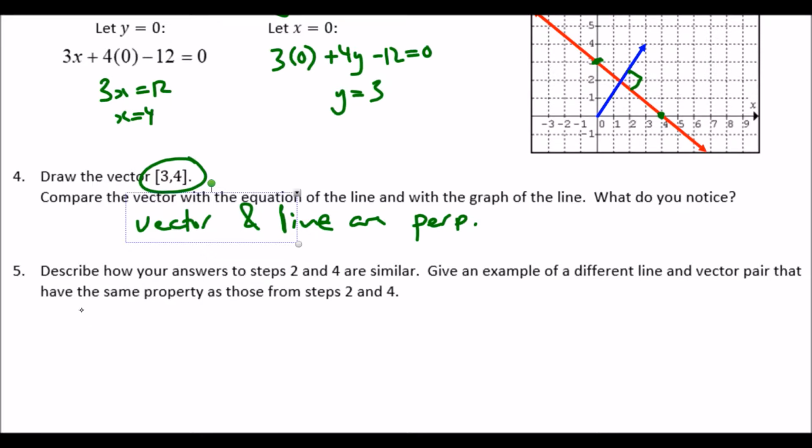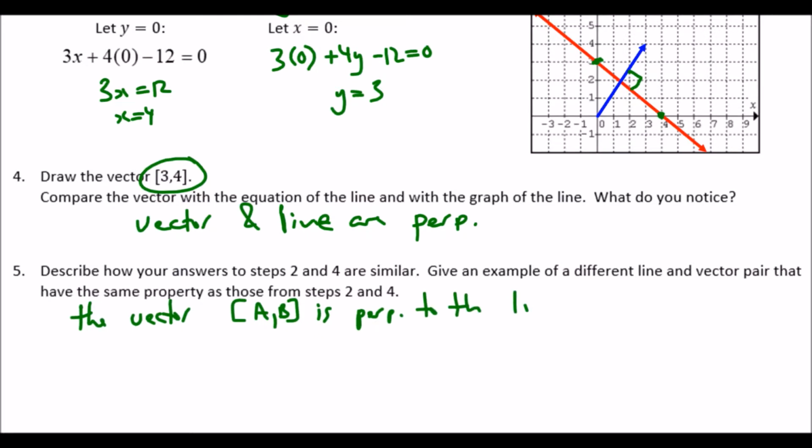We know, general form, the vector AB is perpendicular to the line AX plus BY plus C equals 0.